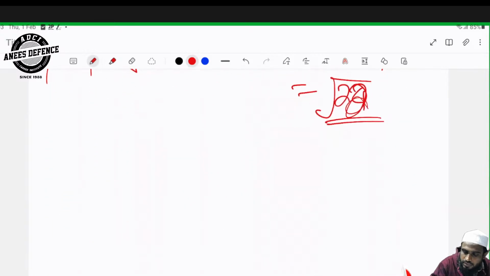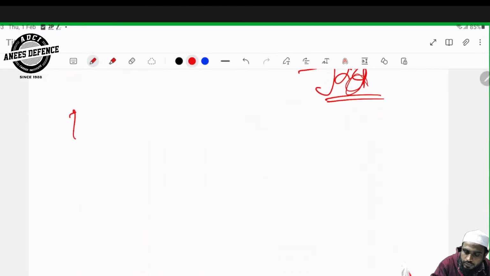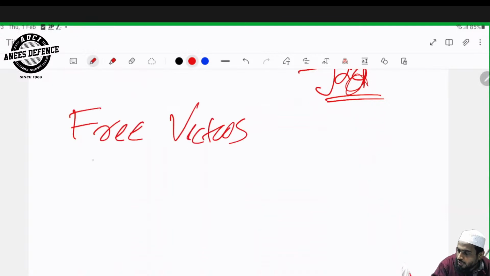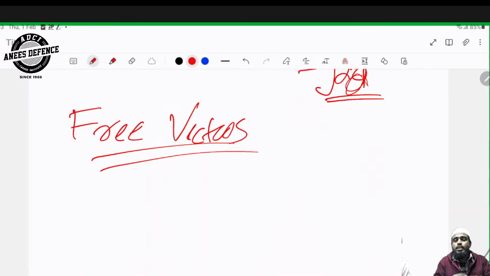What is a free vector? In mathematics, you have to use the concept of free vector. If you are allowed to take a vector to any point in space.